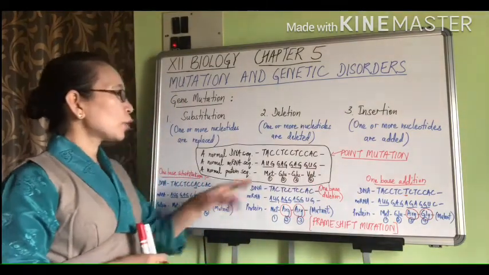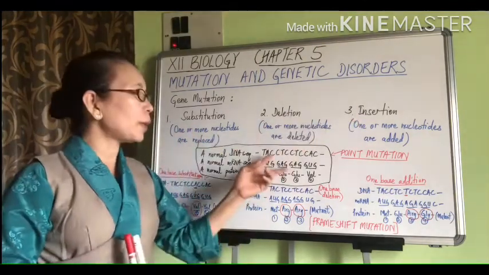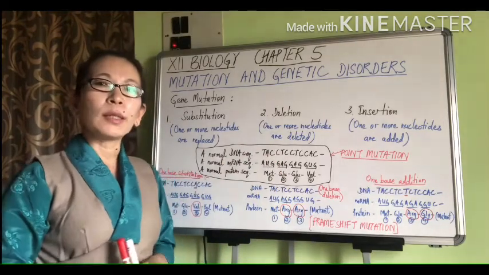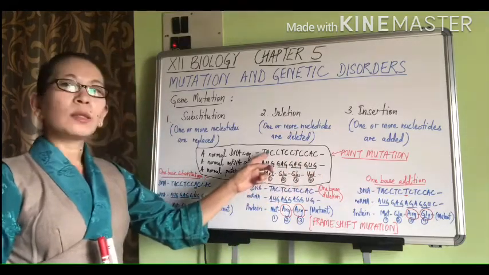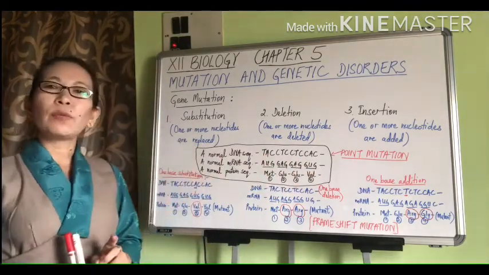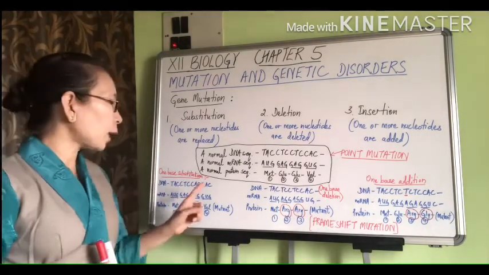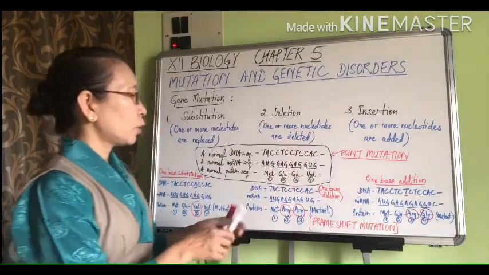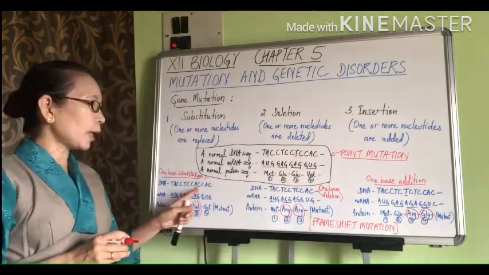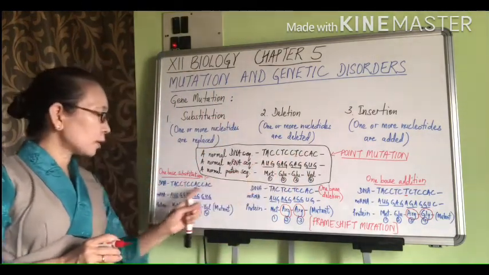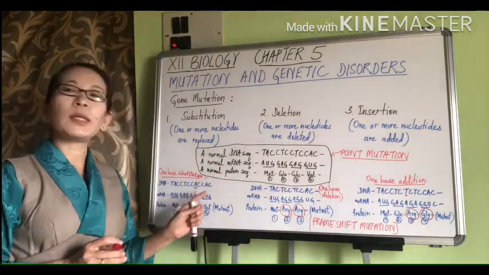Now, let's study how the effect of substitution, deletion, and insertion can be seen in this kind of gene or DNA. What I've done is, in this normal DNA sequence, to study the effect of substitution, I have substituted only one base, and that base is this T. So this T has been substituted by an A, and that substitution has now changed the sequence to CAC, CAC.